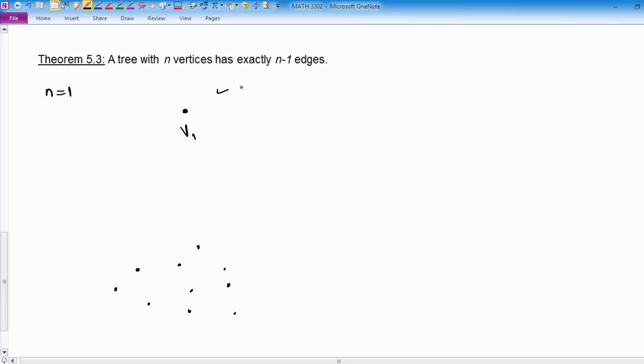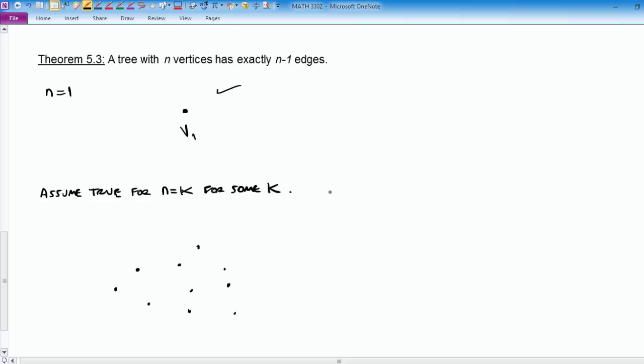for n equals 1. Now we can assume it's true for n equals k for some k. Okay, what does this mean?